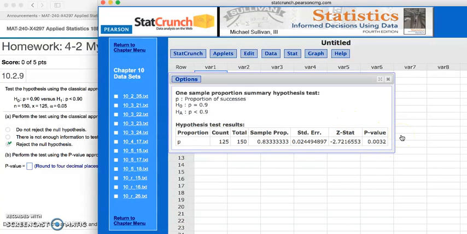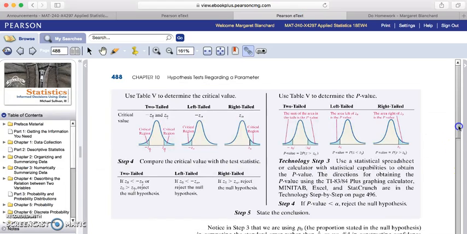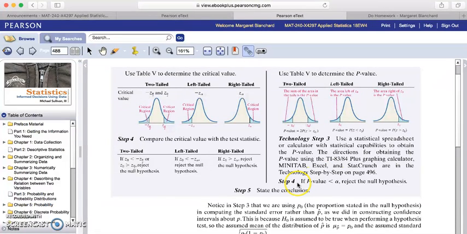Click Compute. Again, we have our test statistic and our p-value. In this case, our p-value equals 0.0032. Let's go to our table, and it tells you if your p-value is less than alpha, reject the null hypothesis. Remember that our alpha was equal to 0.05.